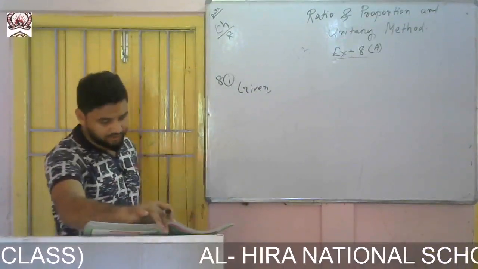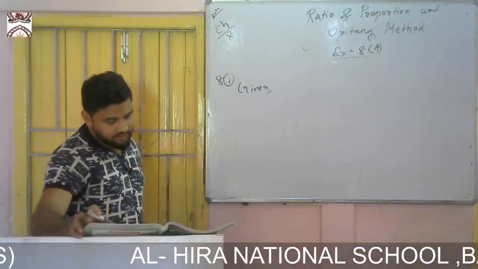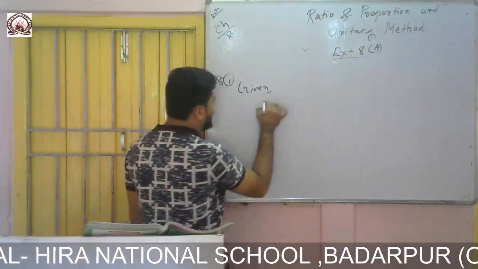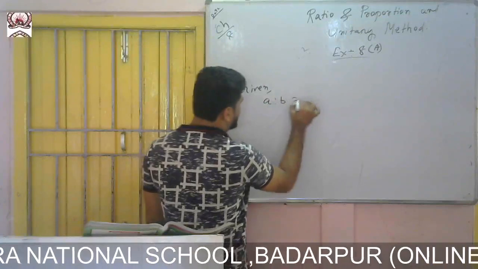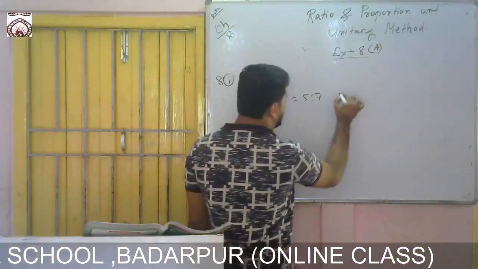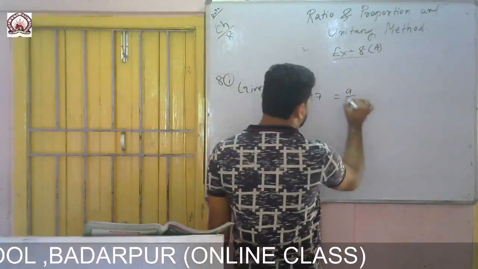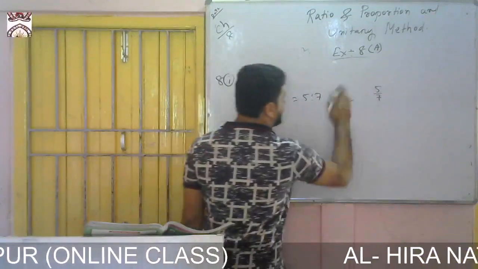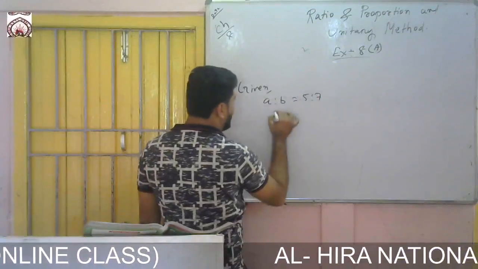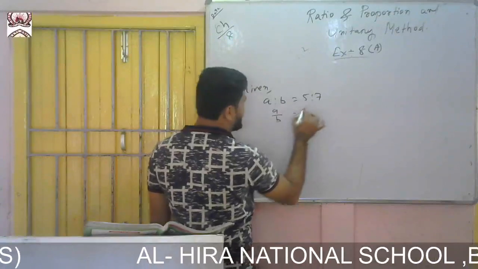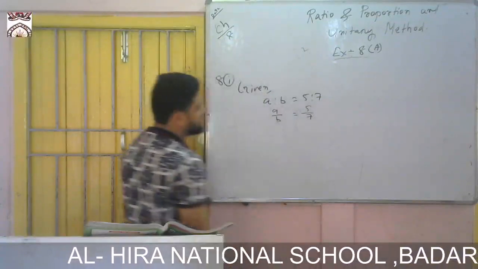Given A is to B equals to 5 is to 7. Okay. So I can write A by B equals to 5 by 7.